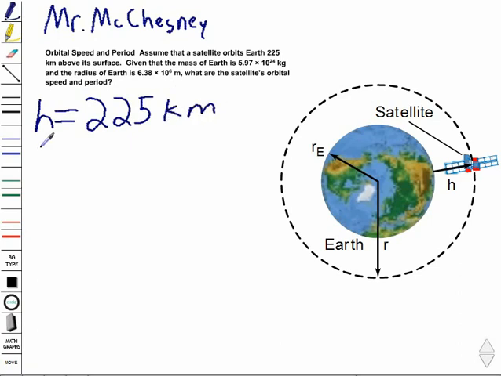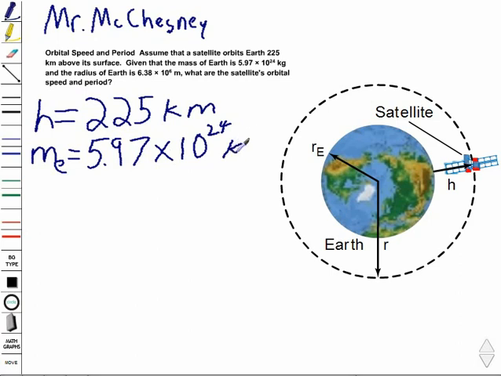We also know, given to us, that the mass of the Earth is equal to 5.97 times 10 to the 24th. And the unit for that would be kilograms, because it's a mass.